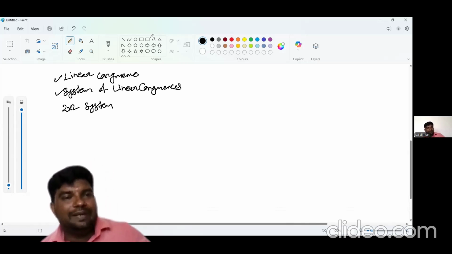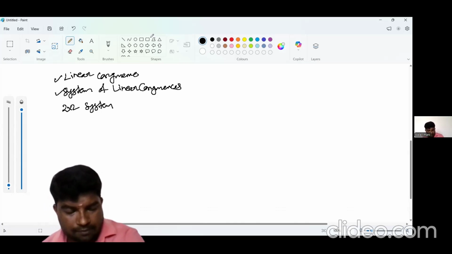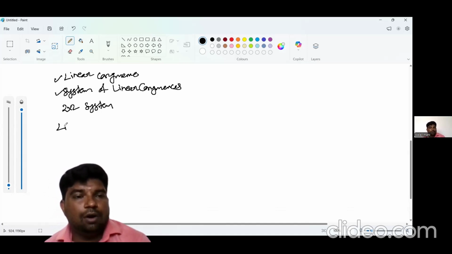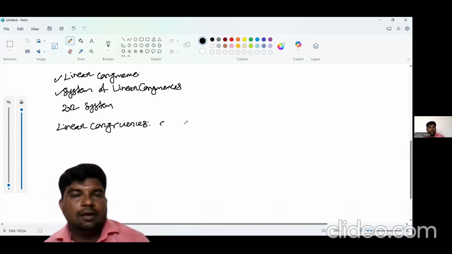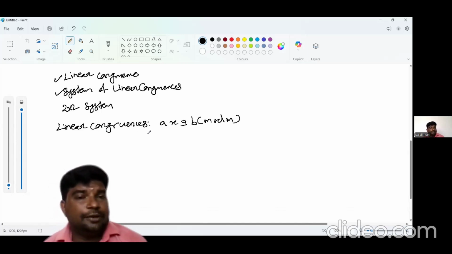So linear congruence means the linear congruence is of the form ax congruent to b mod m.